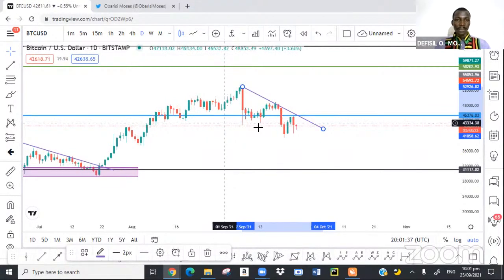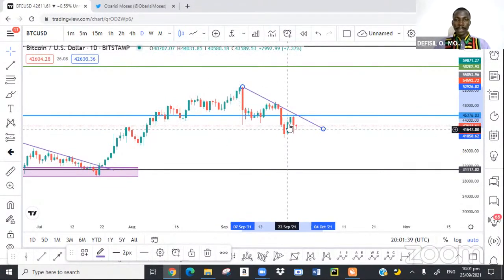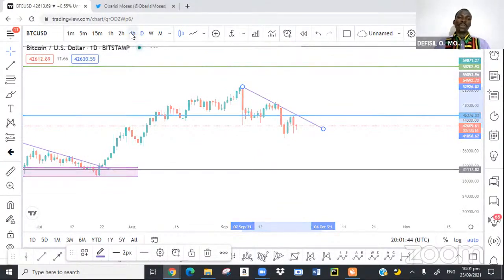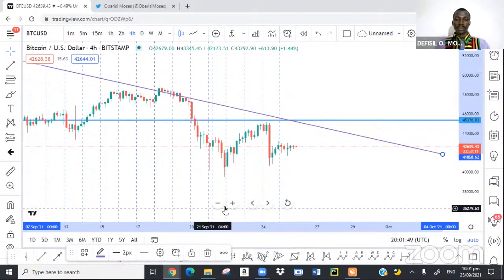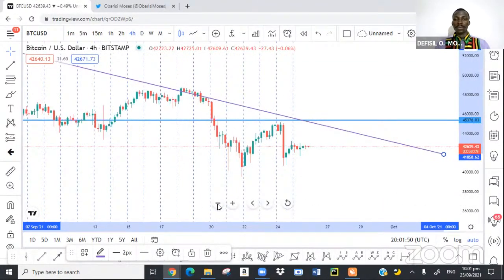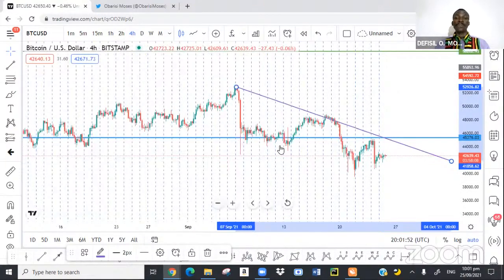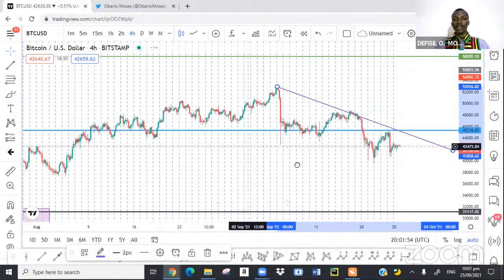So that's for Bitcoin on the daily time frame. Now let's hover to the 1 hour and see what is there. Sorry, 4 hours rather, the 4 hour chart.